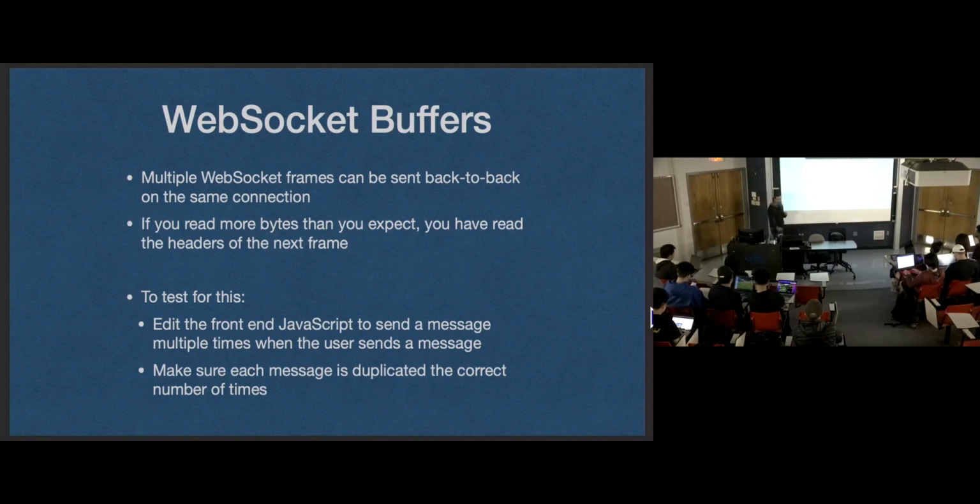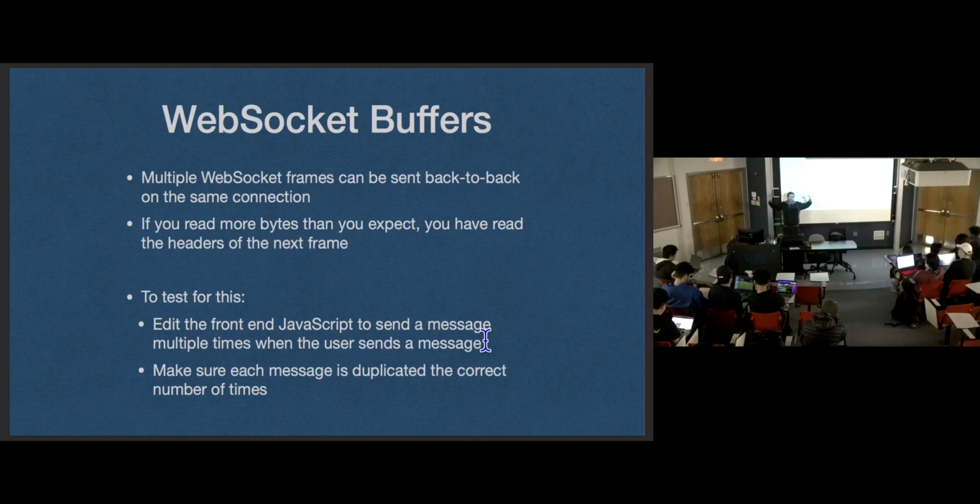One way to test for this, the way that is in the testing procedures and the way I recommend to do it: in the JavaScript in the front end, there's the code that sends a message. So when you click chat or whatever the button says, it'll send that message over to the server. And somewhere in there, there's socket.send the message in JSON.